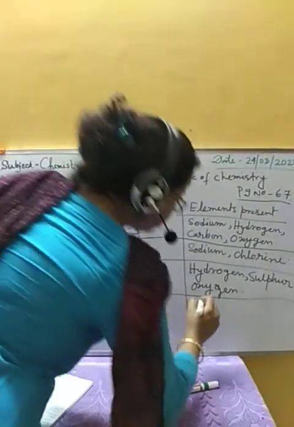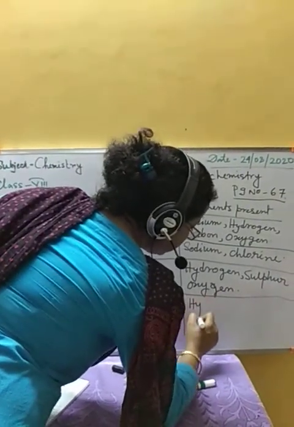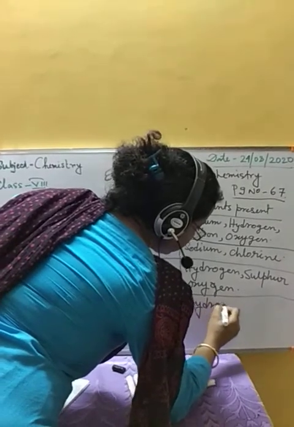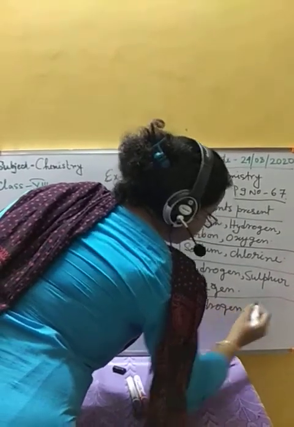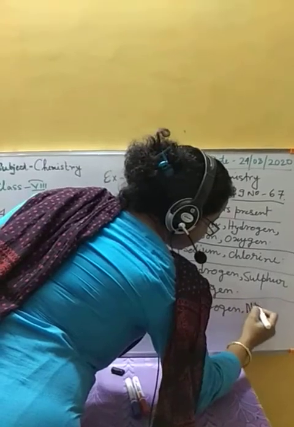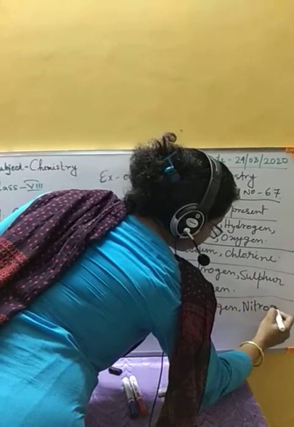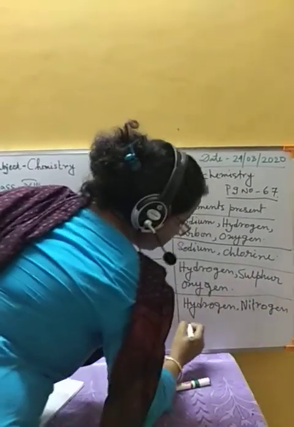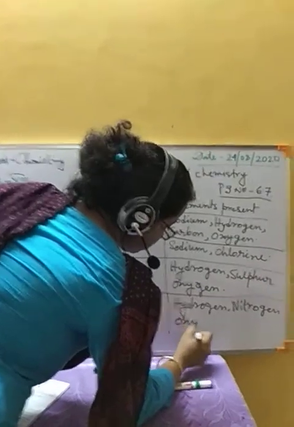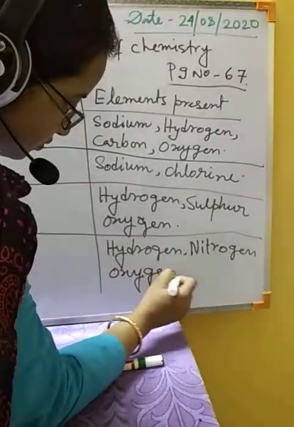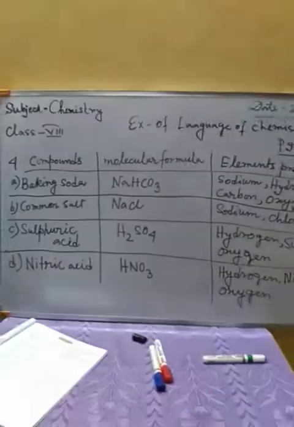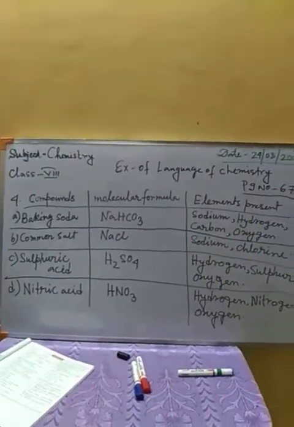So elements present will be hydrogen, nitrogen and oxygen. Hydrogen, nitrogen and oxygen.